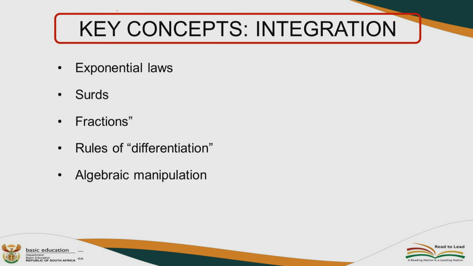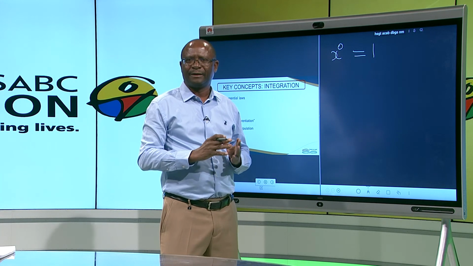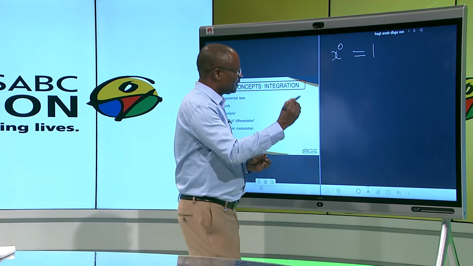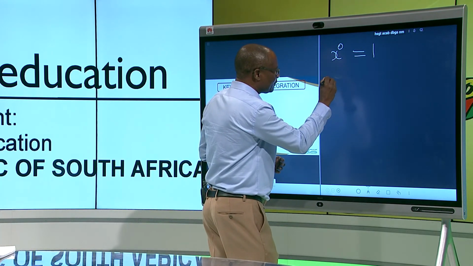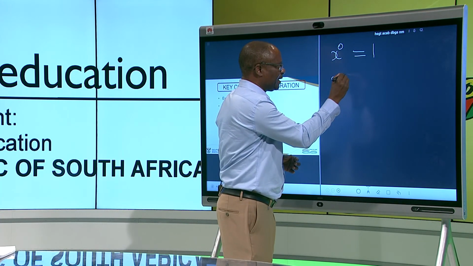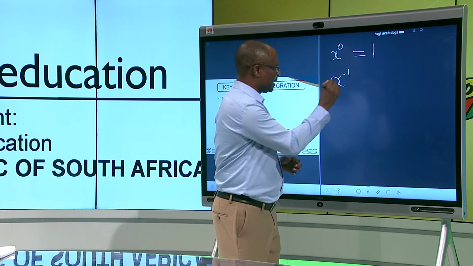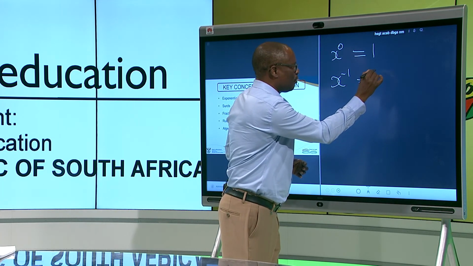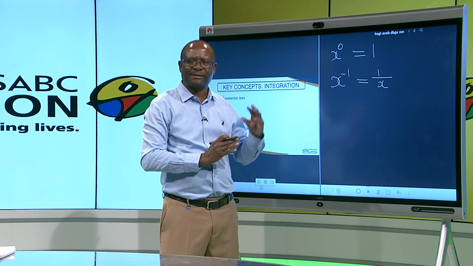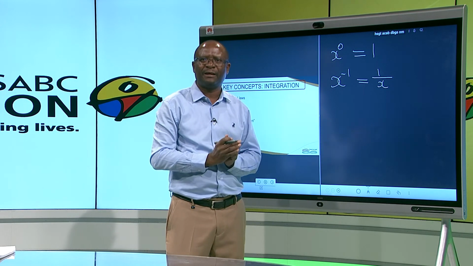We shall be referring to exponential laws like: any number to the exponent of 0 equals 1. This is something basic that you need to understand. And if we have x to the exponent of -1, this can be written in fractional form as 1 over x. These are some of the standard exponential forms.